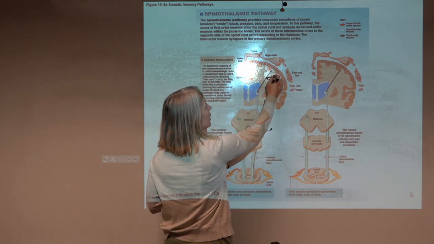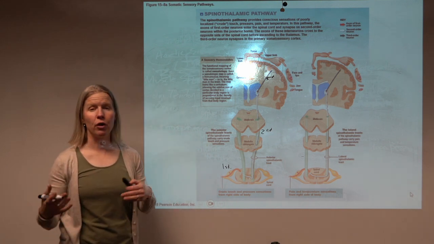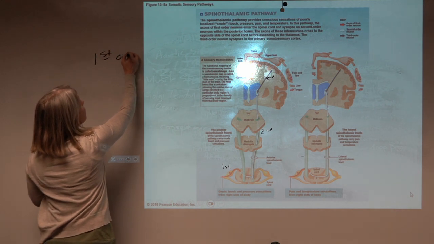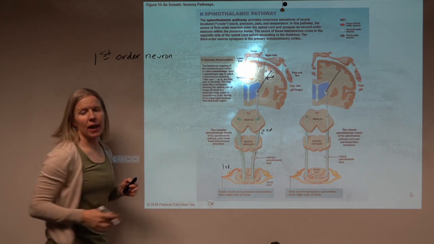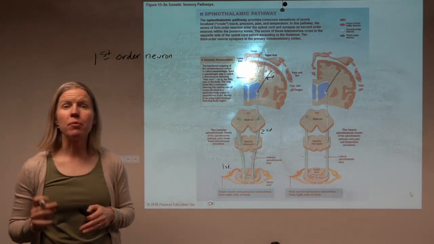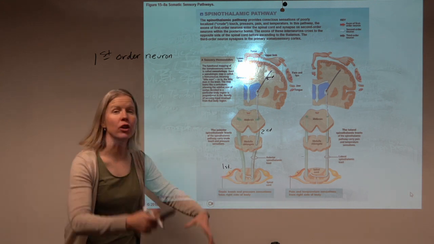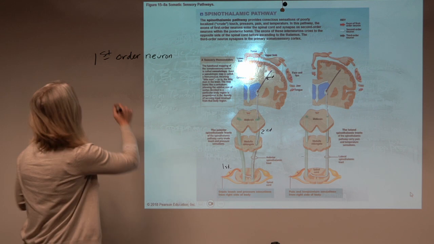And then here, carrying this information out to the cortex, we see our third order neuron. And so what we're looking at is this first order neuron. This is the sensory neuron that's actually delivering this information to the central nervous system, in this case, the spinal cord.